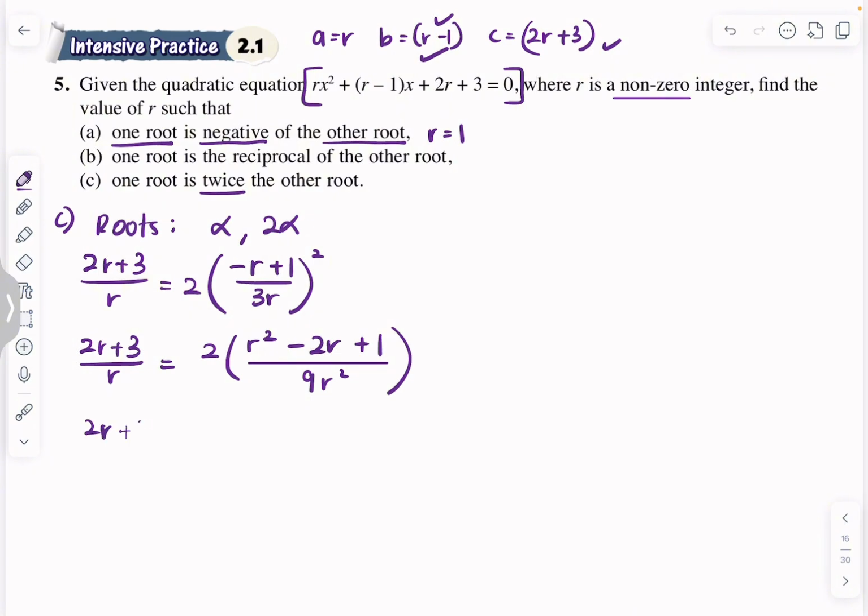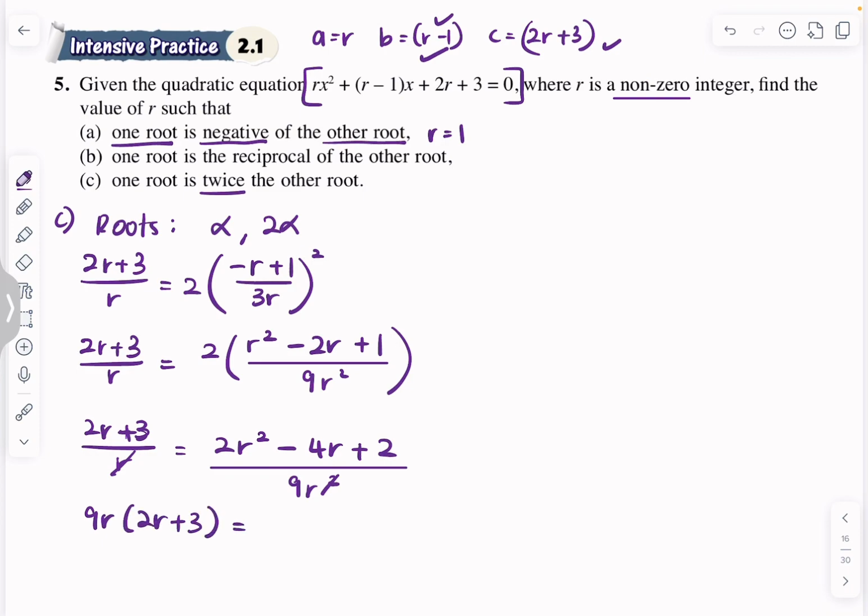Then 2r plus 3, we expand the 2 inside, over 9r square. This and this we can cut one of the r's, then we cross multiply. So this one will times here. 9r times 2r plus 3 equals to 2r square minus 4r plus 2.